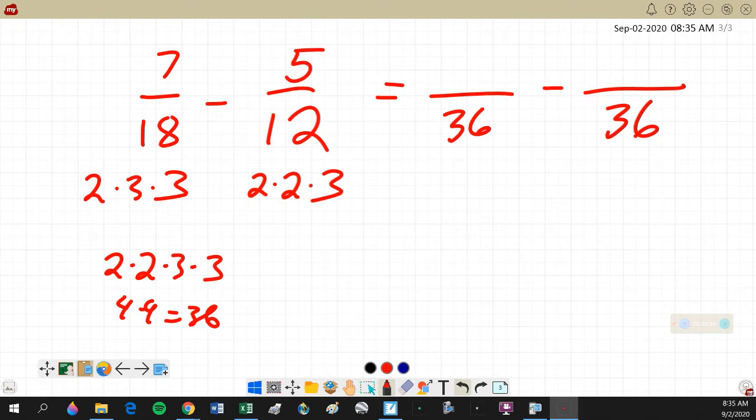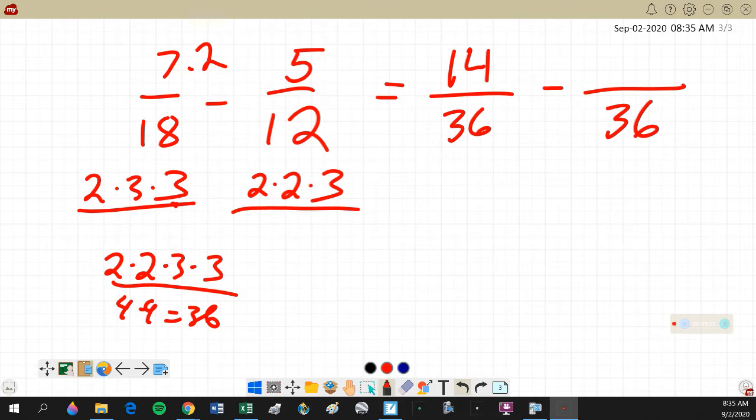What is this list of factors missing from here? Just a 2. So we times this by 2. What is this list missing? A 3. So we times this by 3. And I get negative 1 over 36.